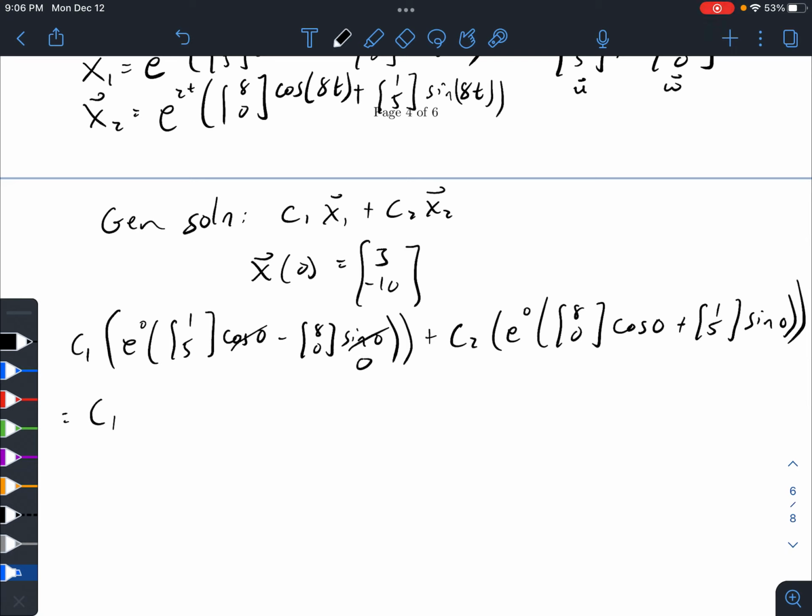Cosine of 0 is 1, sine of 0 is 0. So this becomes c1 times (1, 5) plus c2 times (8, 0), because this will go away. And this has to equal (3, negative 10).